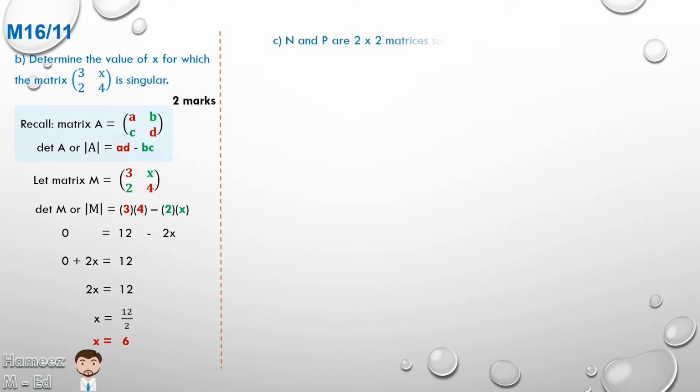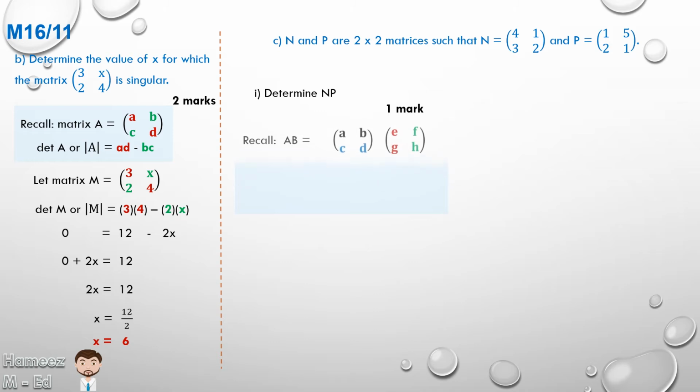Now for part C, N and P are 2 by 2 matrices such that N is equal to 4, 1, 3, 2 and P is equal to 1, 5, 2, 1. Determine NP. So what they're asking us to do is recall, first of all, we must recognize how to multiply two 2 by 2 matrices.